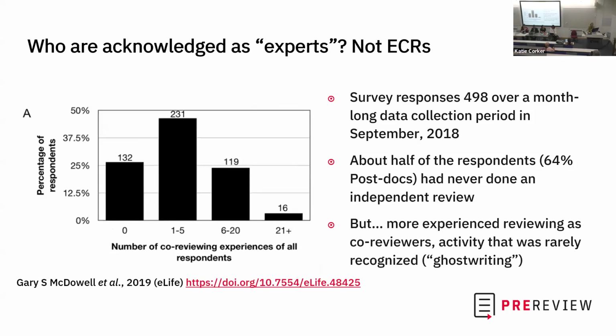However, a lot of them had experience reviewing as co-reviewers. So something that they've contributed ideas to a peer review, but they've not been invited to review it. However, they were very rarely recognized for this work, and the authors define this co-reviewing without recognition as ghostwriting.